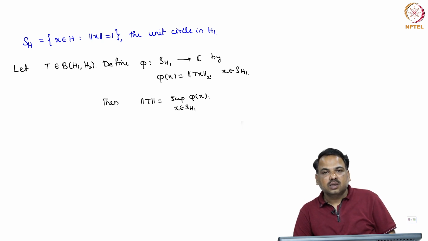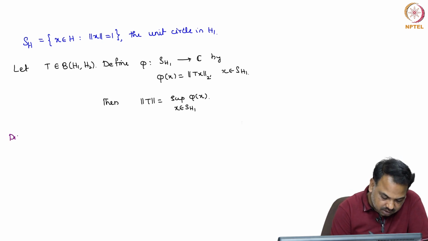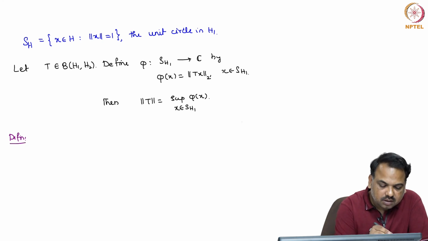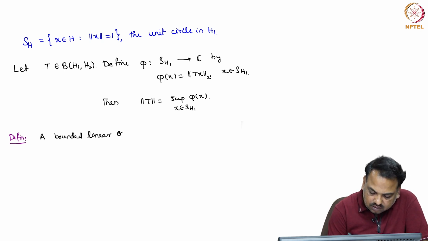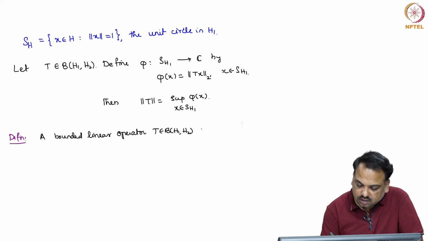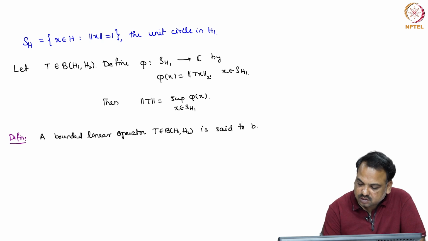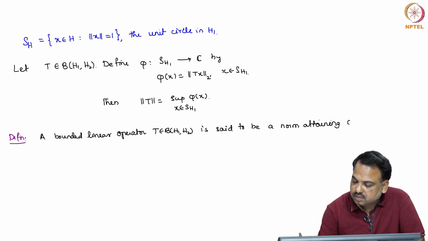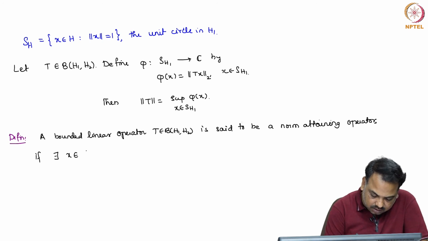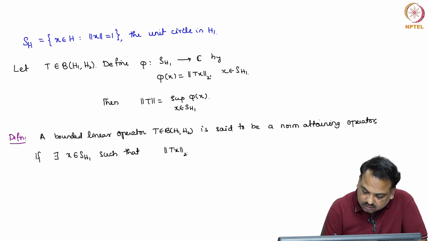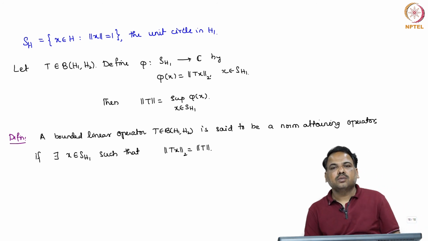Such an operator we call a norm attaining operator. So definition: a bounded linear transformation or operator is said to be a norm attaining operator if there exists x in the unit sphere of H1 such that norm Tx is exactly norm T. That means the norm is attained at the supremum.